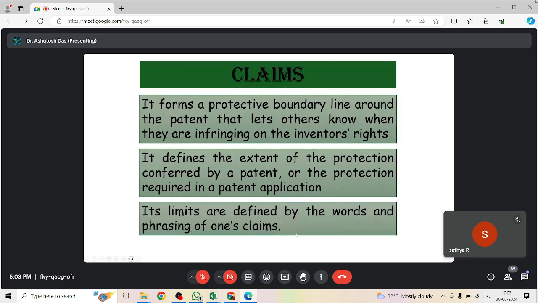Similarly, the limit is defined by the words and phrasing of one's claims. So by the words you limit it, and the claims will be phrased in such a way. So it gives an entire boundary of your work. The physical boundary of your work is based on building a map, but the intellectual boundary of your work is the claims. This is key in proper patent drafting, which needs clarity, completeness, and supporting basis.